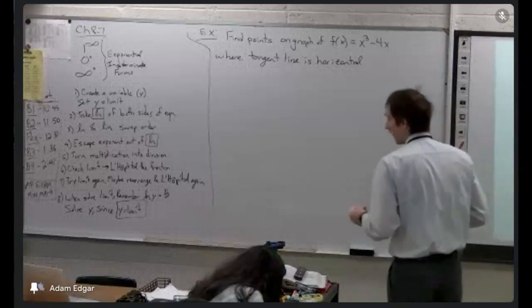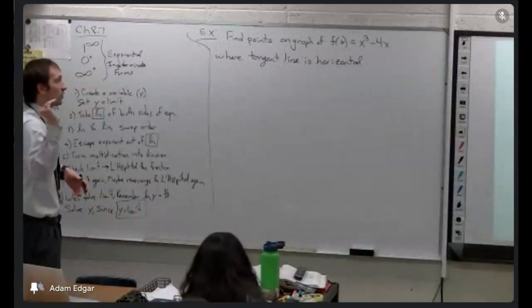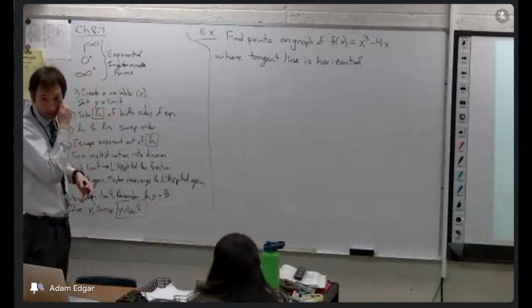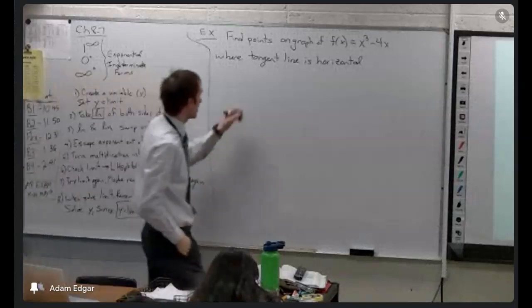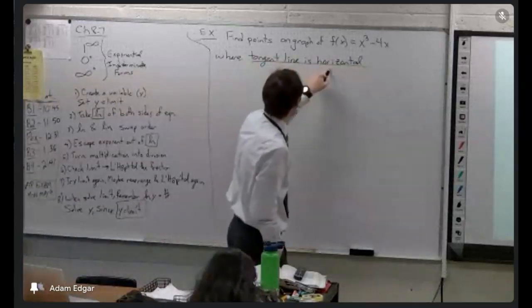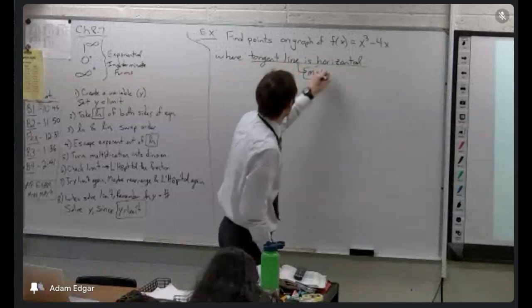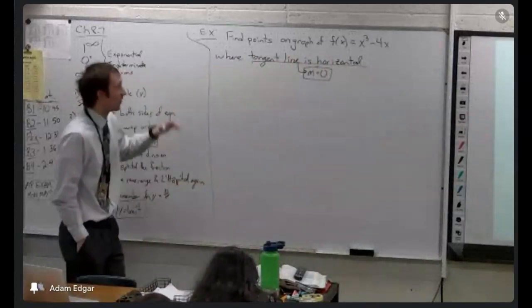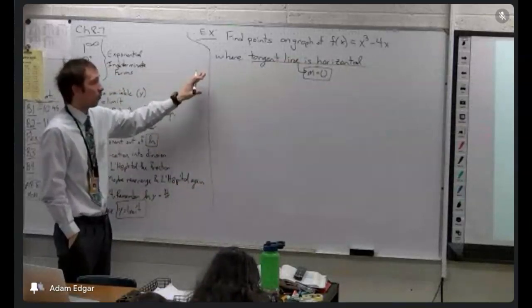All right. So just going over this. Tangent line is horizontal. Tells us what? Slope is 0. So we see tangent line is horizontal. Horizontal line means slope m is 0. That's kind of key. And then, if we know that the slope is 0, what do we do now with the function?